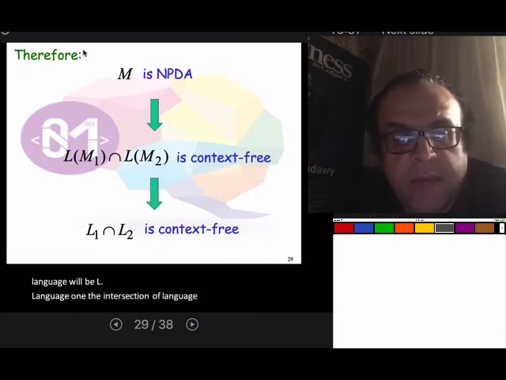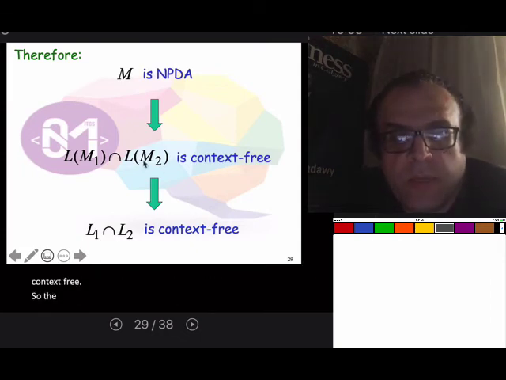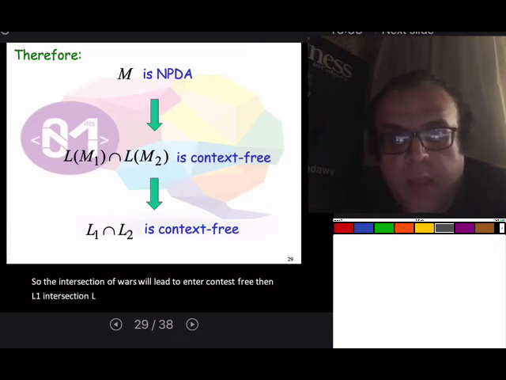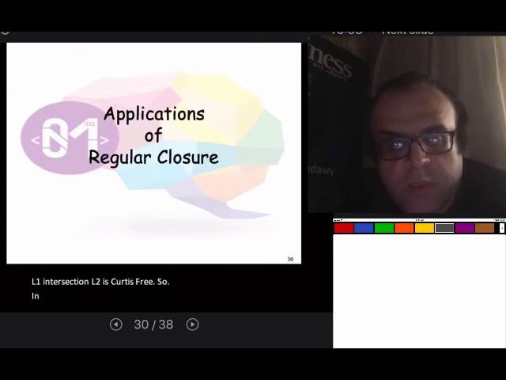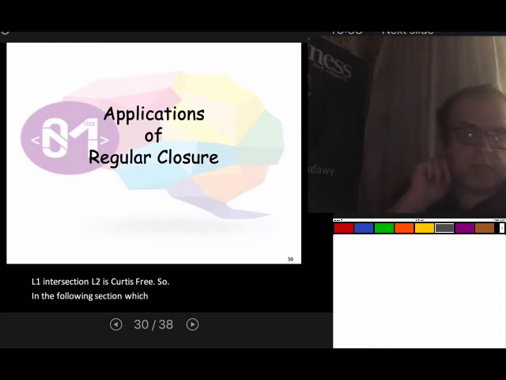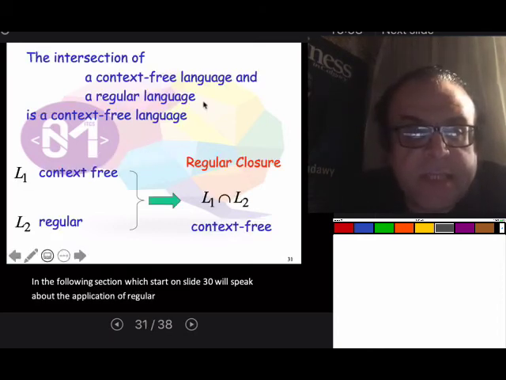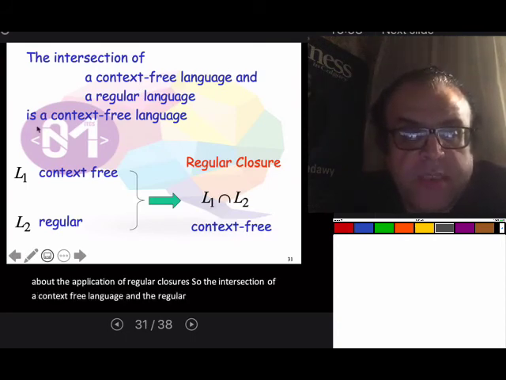And if M is context-free, then the intersection of both is context-free, so L1 intersection L2 is context-free. In the following section, which starts on slide 30, we will speak about the application of regular closures. So the intersection of a context-free language and a regular language is a context-free language.